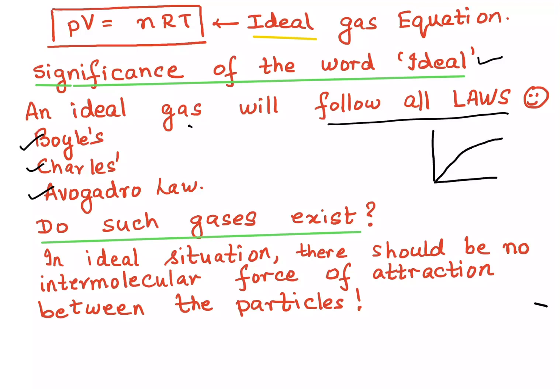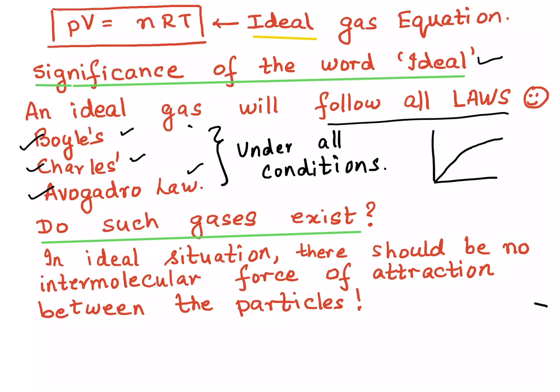There is no linear relation always under all conditions, right? But real gases do not obey these laws under all conditions. They may obey these laws under specific range of conditions, but not under all conditions, right?